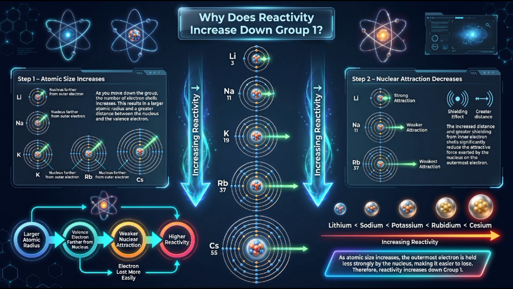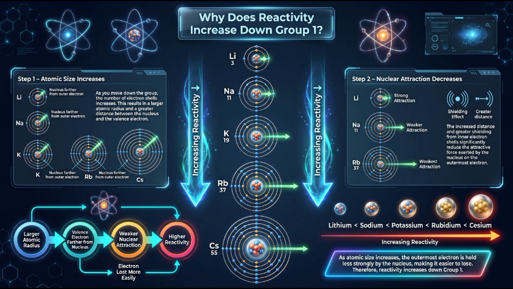The first step shown in the image explains that atomic size increases as we move down Group 1. Lithium has only 2 electron shells, sodium has 3, potassium has 4, rubidium has 5, and cesium has 6. Every new element has one additional energy level compared with the element above it.